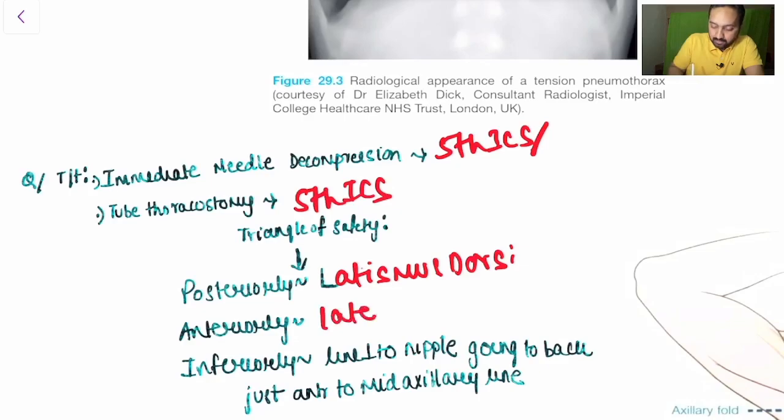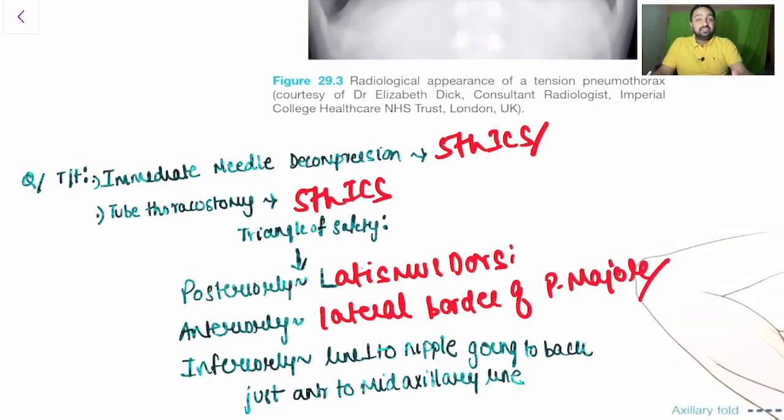Anteriorly, it is bounded by the lateral border of the pectoralis major muscle. And inferiorly, it is the line perpendicular to the nipple going to the back, just anterior to the mid axillary line. Even this question has been asked in the INI exam last year, so it becomes a very important topic for your upcoming NEET exam.